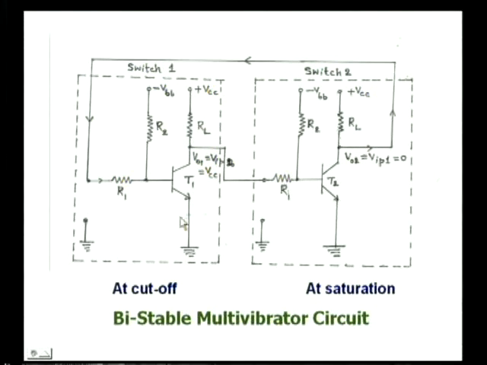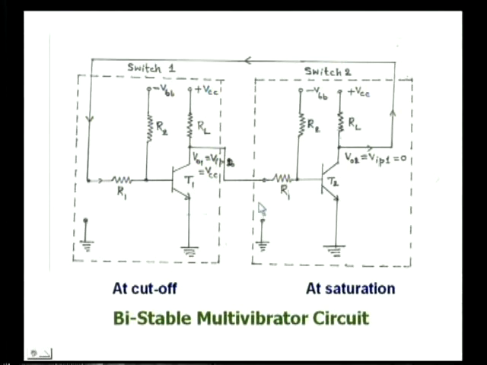This reverse bias voltage will keep transistor T1 in off state. So the state of T1 is off, and T2 is on, and this will be maintained indefinitely until we disturb it by applying some external trigger to the on transistor. In this case here T2 is the on transistor.